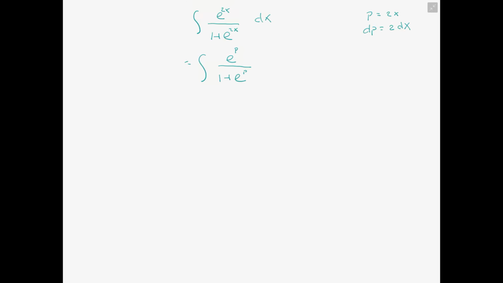So we have e to the p, and 1 plus e to the p, and dx is dp on 2, and that is equal to 1/2, and we're back to the problem that we had before.